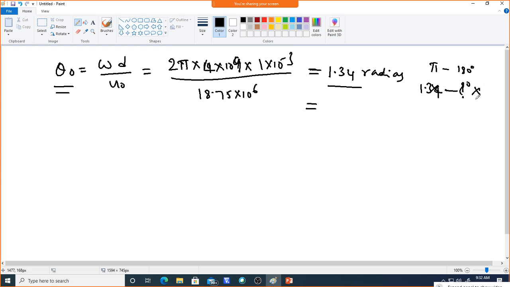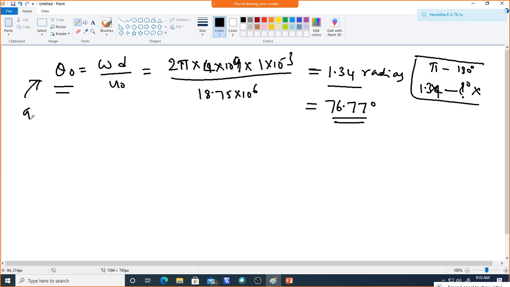You can put it as x, and x equals 1.34 into 180 by pi. So how much is it coming in terms of degrees? 76.77 degrees. Okay, so this is in terms of angle. So that is the gap transit angle.